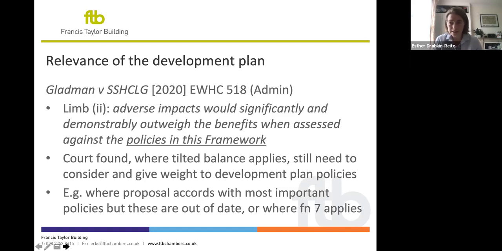So in that situation, a decision maker will need to consider whether and how much weight to give to those development plan policies which are up to date, although the deeming provisions apply under footnote 7. So it's for the decision maker to consider how much weight to give, but they do actually have to engage with the issue, and it cannot be argued that the development plan has no relevance.